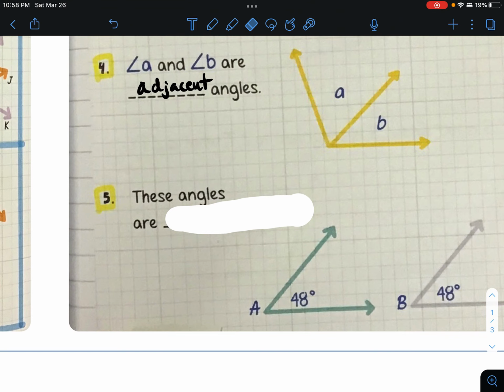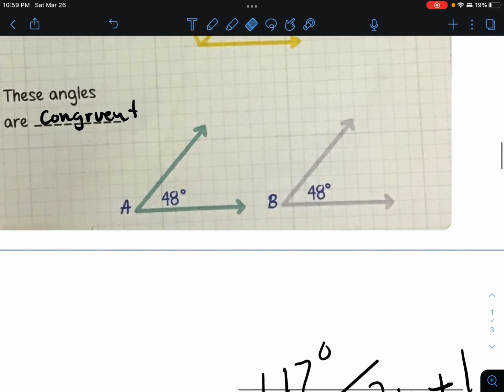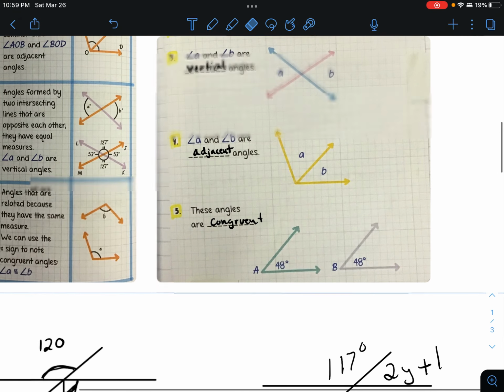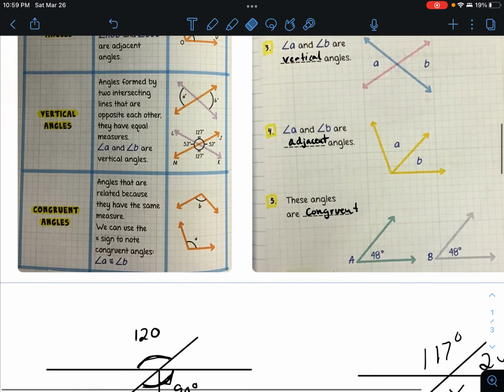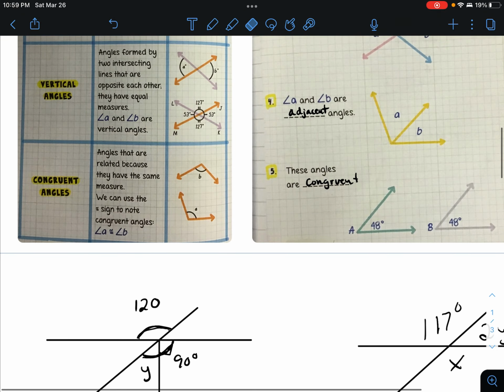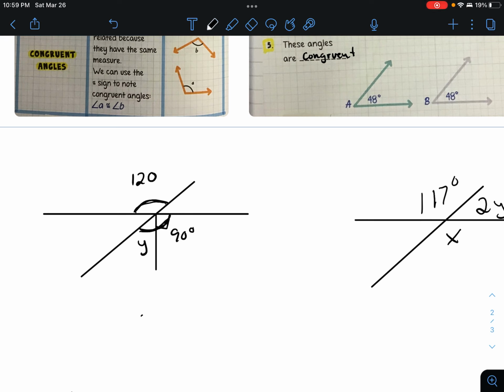You've got two angles, both of them are 48 degrees, so they would be congruent angles: two angles that are equal. Okay, so what we can do with this information is use it to solve for some missing values. We can solve this by writing an equation.